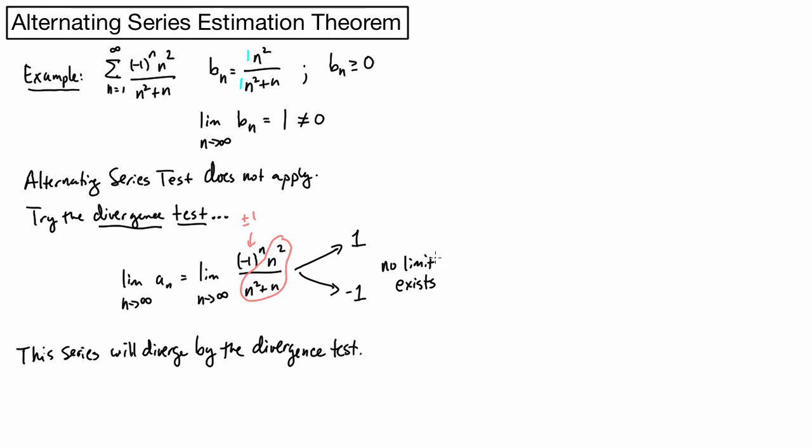So don't assume that just because you're working with an alternating series that alternating series will always converge, because there are some alternating series that don't converge, and typically when they don't converge, it's because of them not passing the divergence test to begin with. All right.